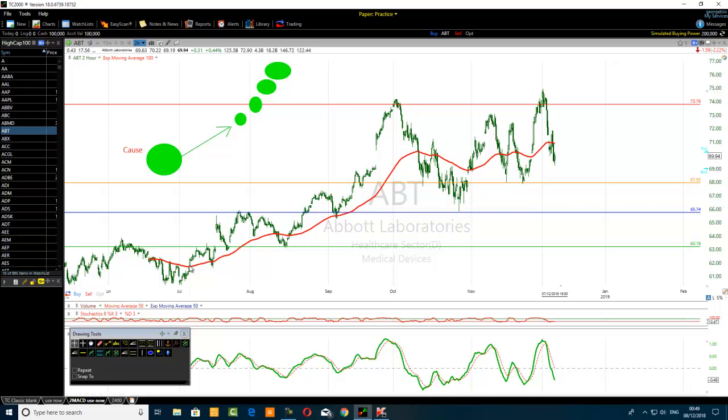Again, it is the key support and resistance levels that will cause MACD to go above the zero line or to go below the zero line. But very often the price will start going down first until it reaches the zero line. Okay, so we'll come back to that in a minute.